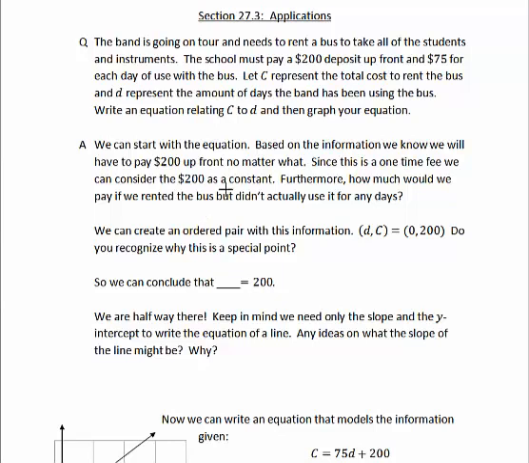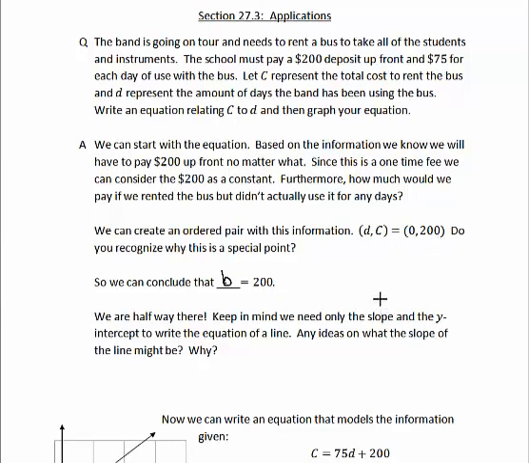So it's simply going to be a constant, and in this case we typically assign the constant of a particular problem to the y-intercept, and so b is going to equal 200. Okay, so if we didn't actually use the bus any days, we could write 0, 200.